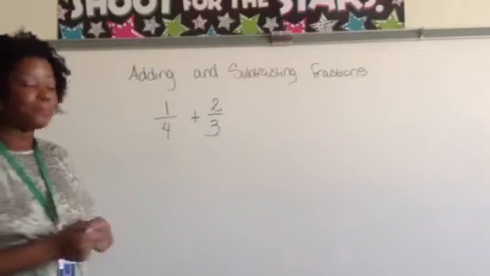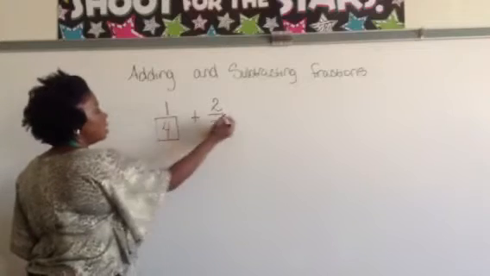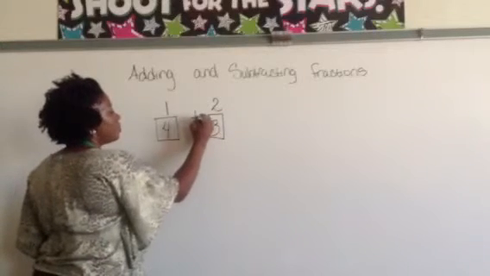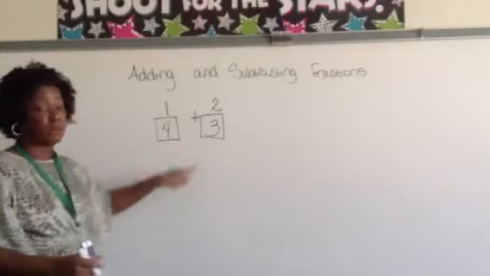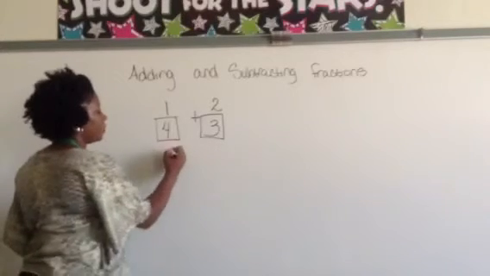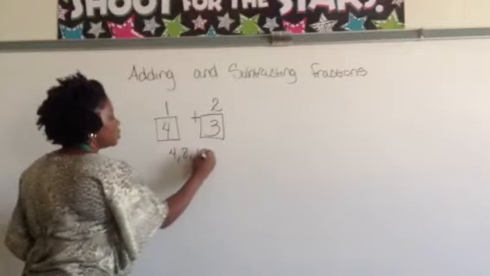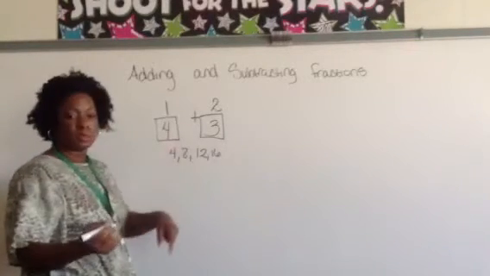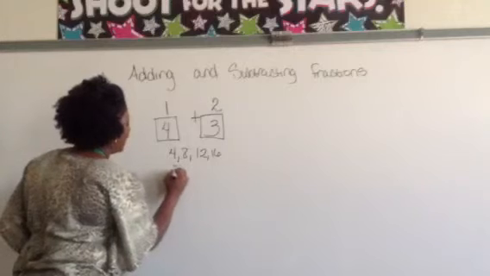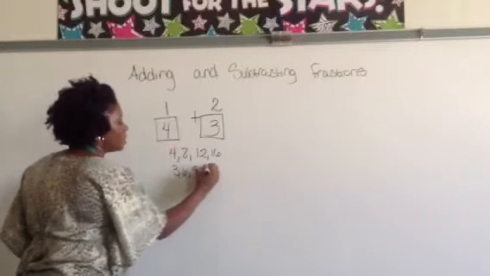The way we do that, step one is we concentrate on our denominators. We're going to find multiples of both denominators. Multiples of 4, like 4, 8, 12, 16. Multiples of 3, like 3, 6, 9, 12.